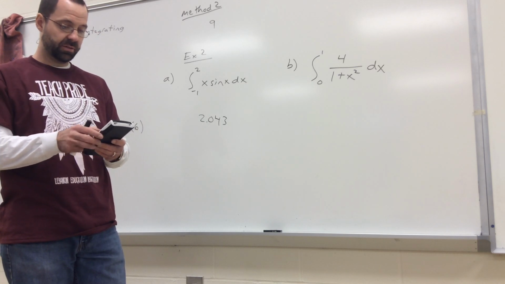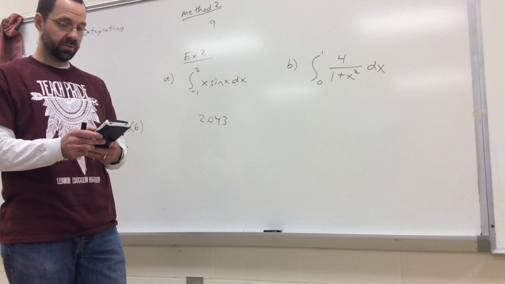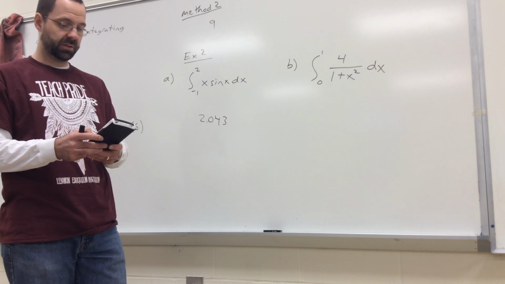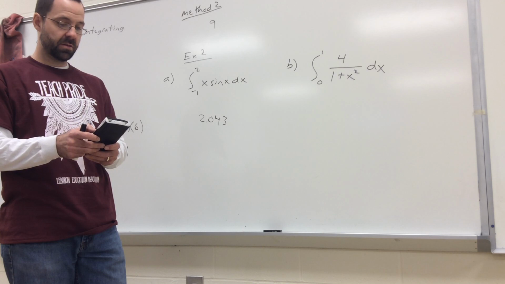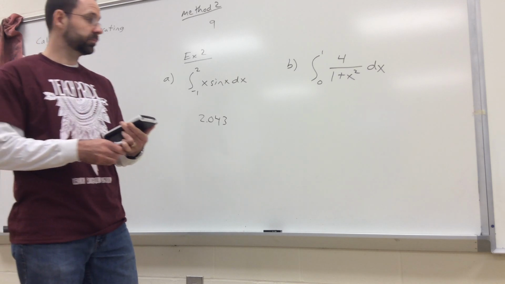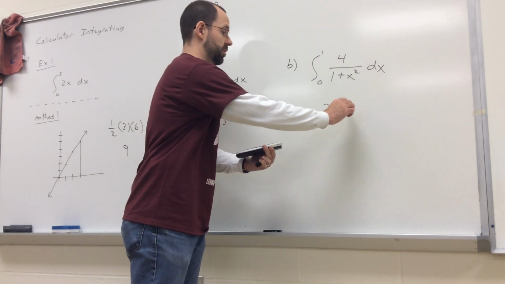So then try the other one. Math 9, 0 to 1 of 4 divided by 1 plus x squared. And that comes out to 3.142.